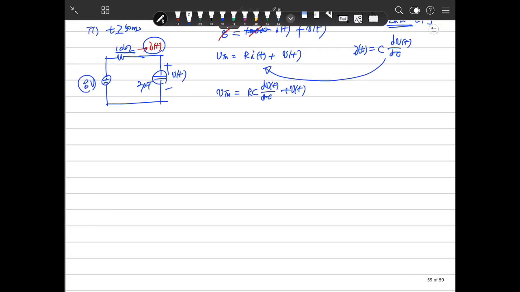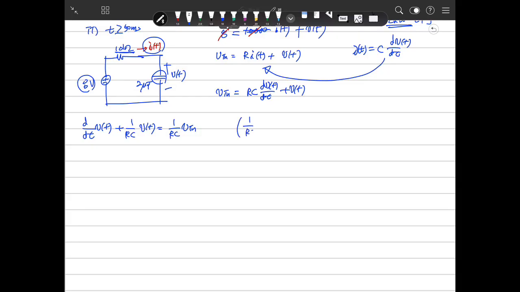Therefore dVt/dt plus 1 over RC Vt is equal to 1 over RC V in. This is the equation we repeat. This is the general form of the first order circuit, resistor capacitor or inductor.